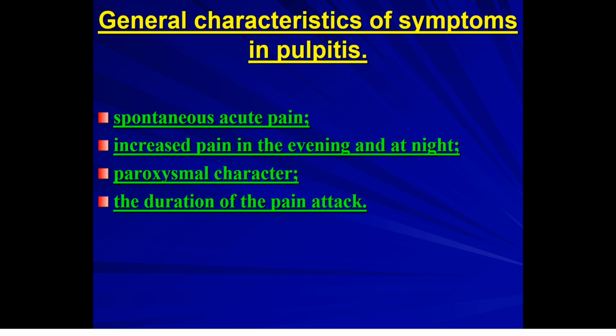And let's learn the general characteristics of symptoms in pulpitis. They are spontaneous acute pain, increased pain in the evening and at night, paroxysmal character, and the duration of the pain attack.